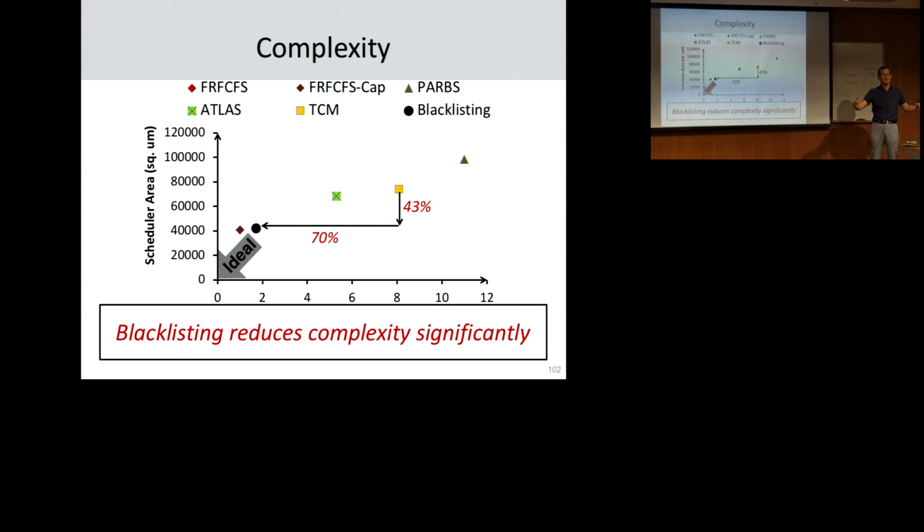If the next 5 requests that you serve are from this thread, then that's blacklisted. If there's something that interferes, then you reset the counter. Basically, you can implement this with a single counter. Of course, is this the best policy? I mean, you could do blacklisting in many different ways, but this is what we looked at. So it's very simple in terms of the implementation.